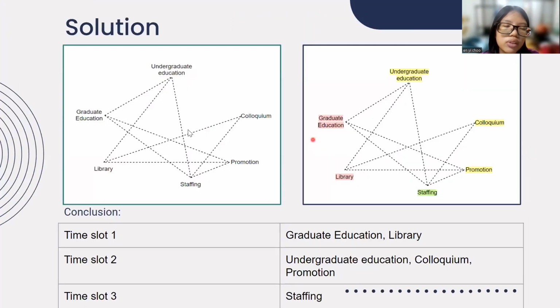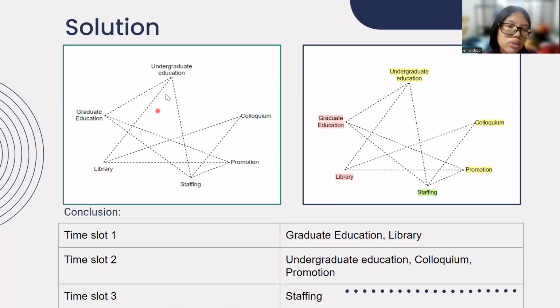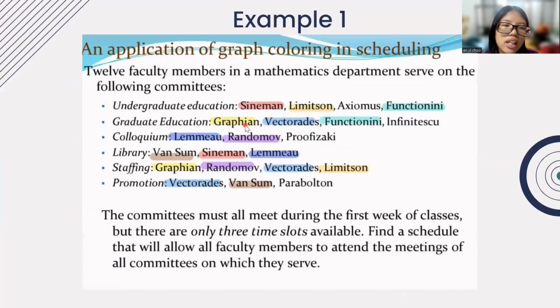After that, I will need to put it into a graph. To draw this graph, we need to determine the vertices, as I mentioned before, which are undergraduate education, graduate education, library, staffing, promotion, and colloquium. Then we need to know the similarities so that we can draw the edges that connect two vertices.